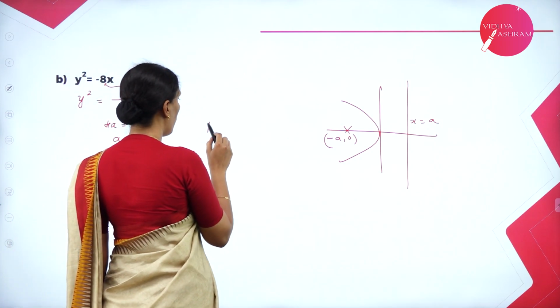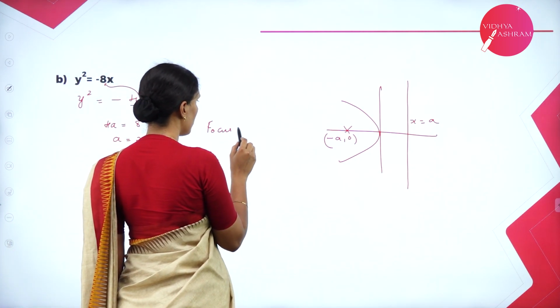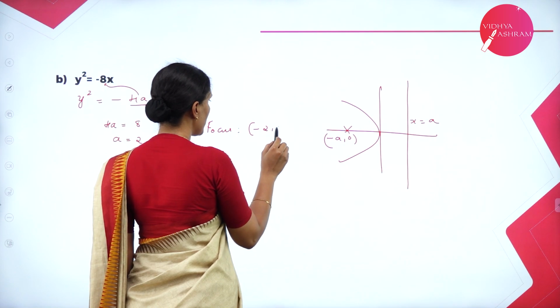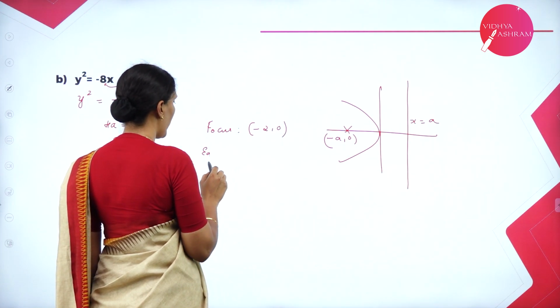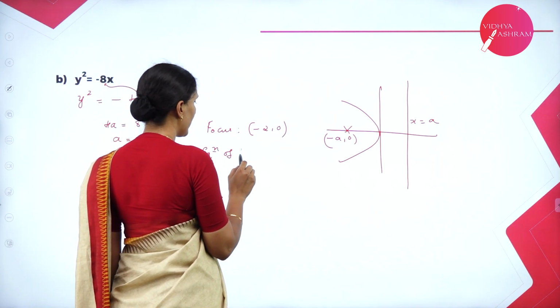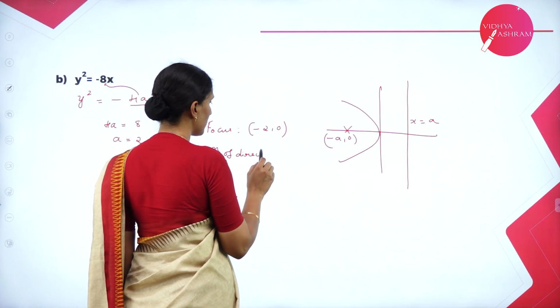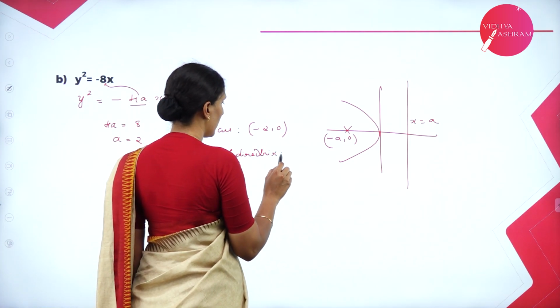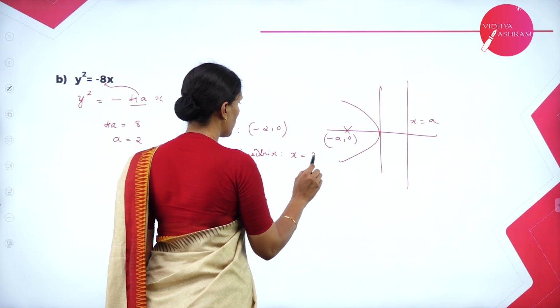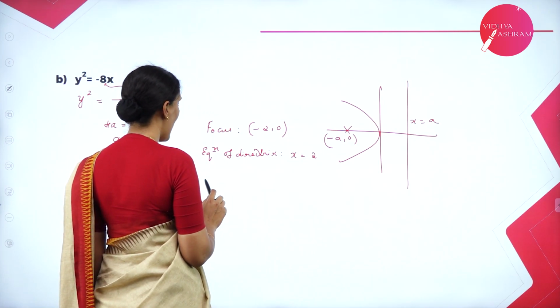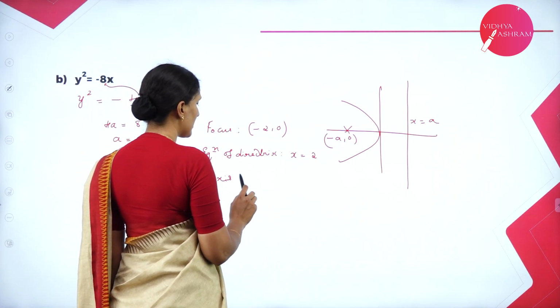So now focus is minus 2 comma 0. Equation of directrix is x is equal to 2. Next we have axis of symmetry.